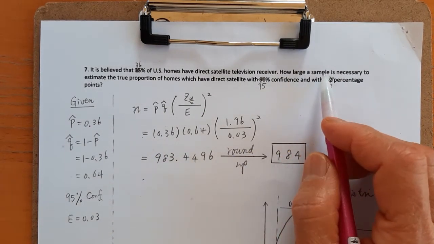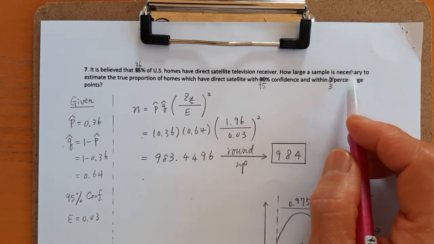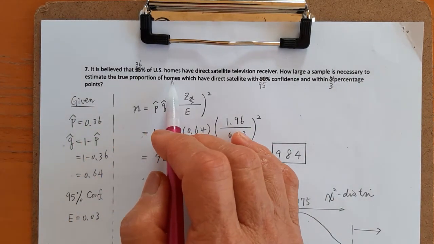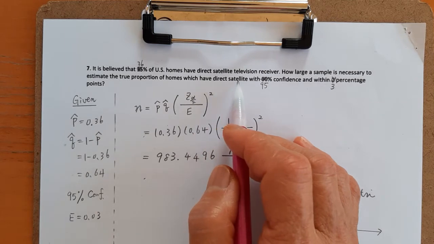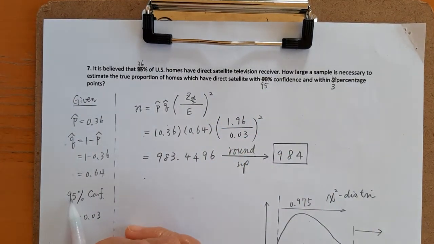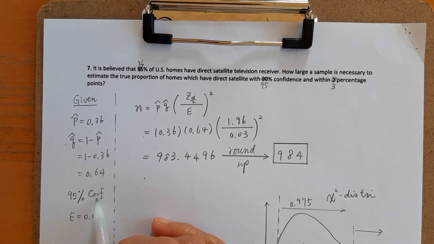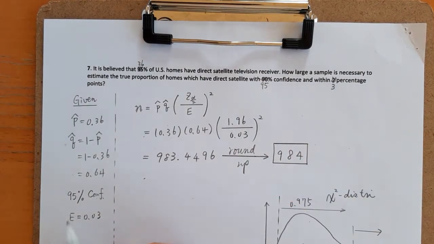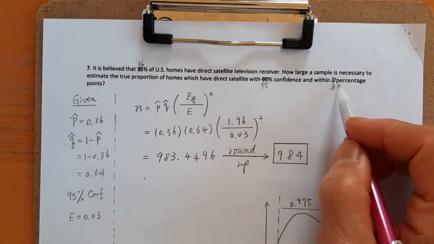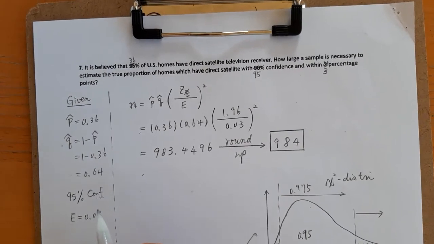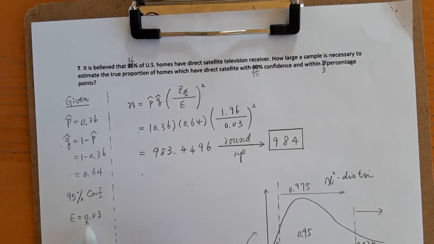How large a sample is necessary to estimate the true proportion of homes which have a direct satellite with 95% confidence, and within a margin of error E of 3%. So margin of error 3% in decimal is 0.03.